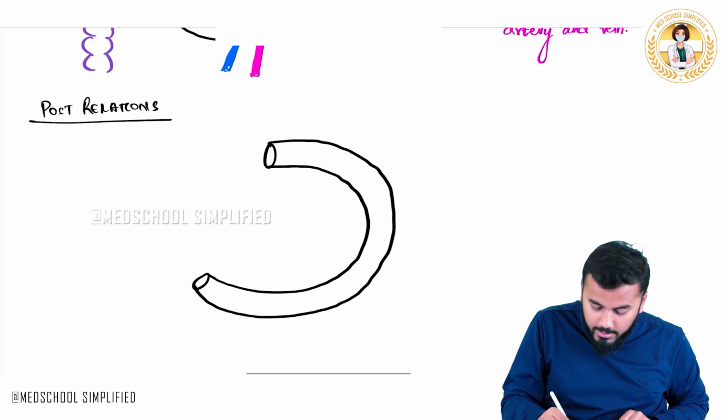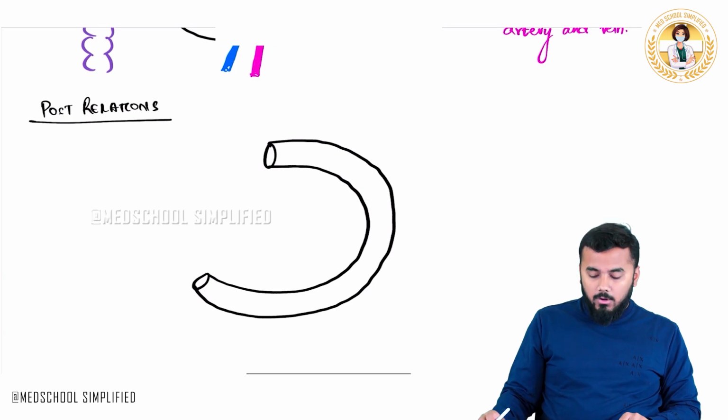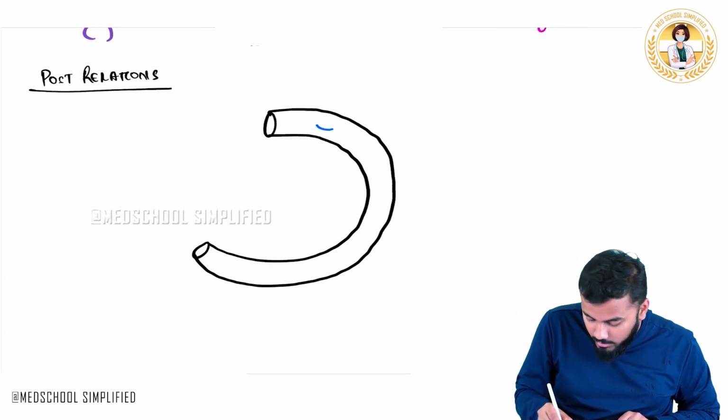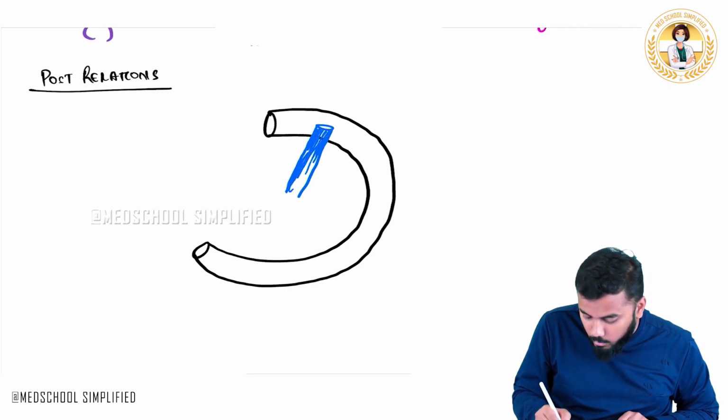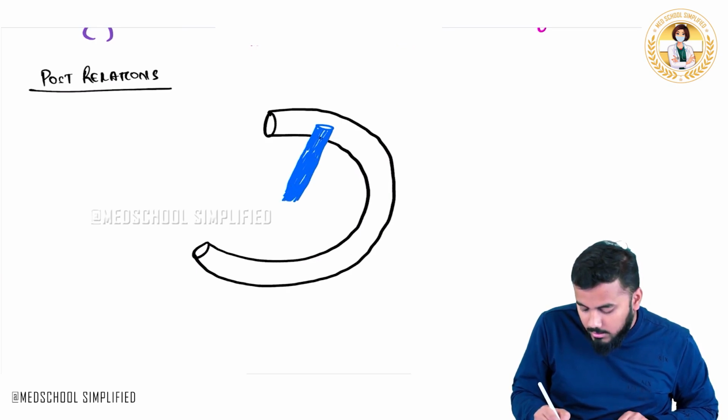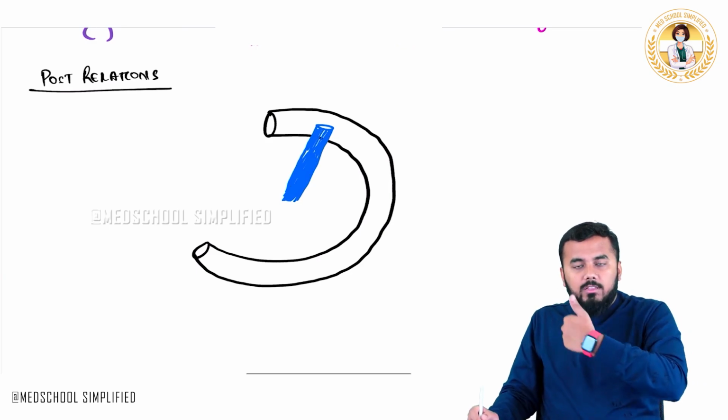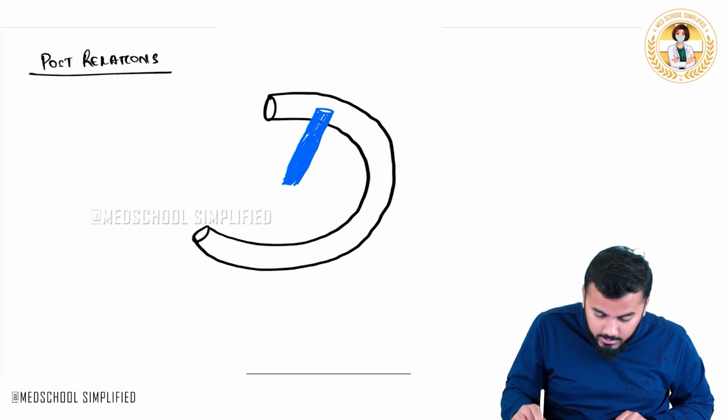But before drawing the pancreas, let me draw one very important thing: we have a vein all the way here. This vein is called the portal vein. The pancreas is actually looping this portal vein. Now how will it loop? Just see here.